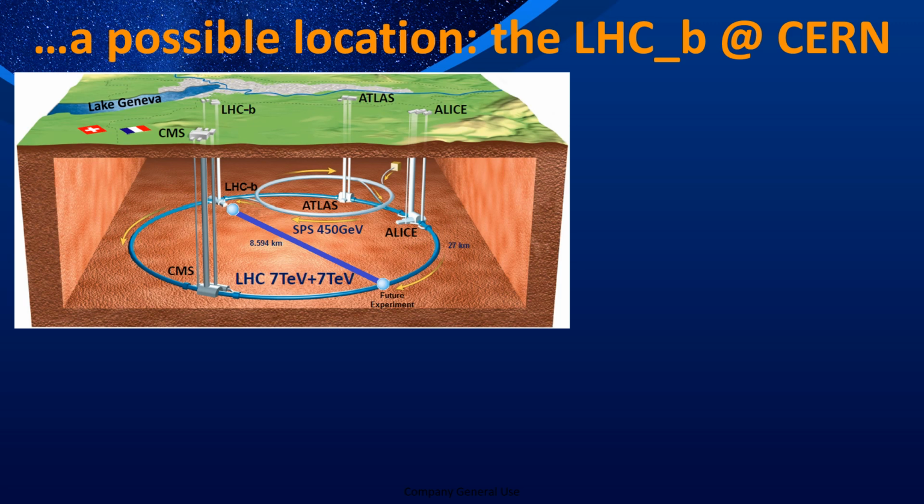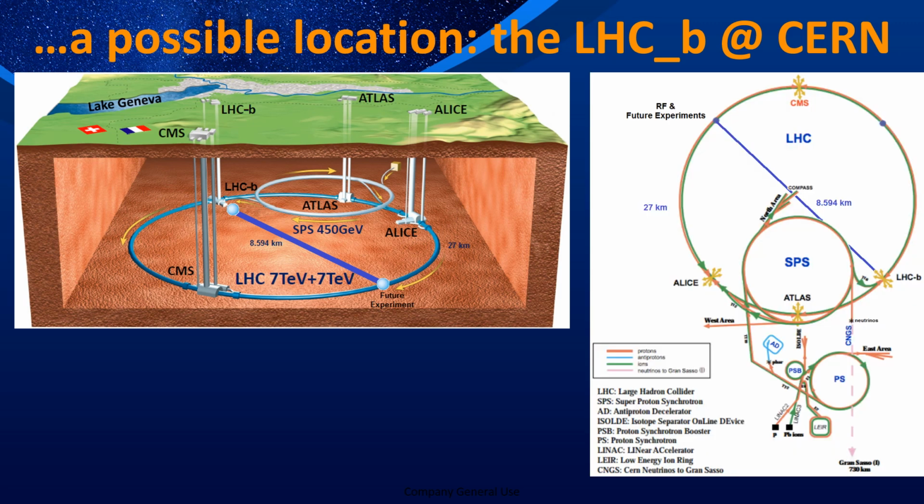The possible location, as we are saying, is the LHC-b experiment at CERN. This experiment is based on a circular accelerating ring, where there are 2 points. One is this point, RF, the future experiment that is available for future realization.